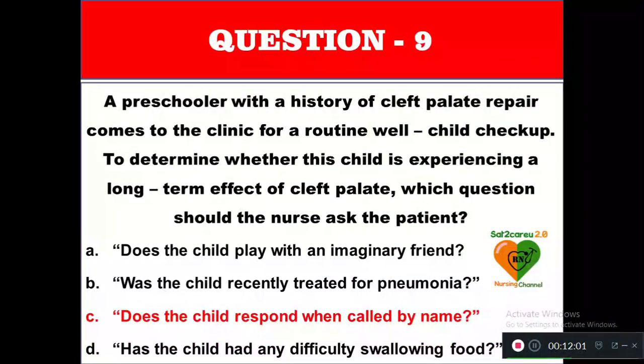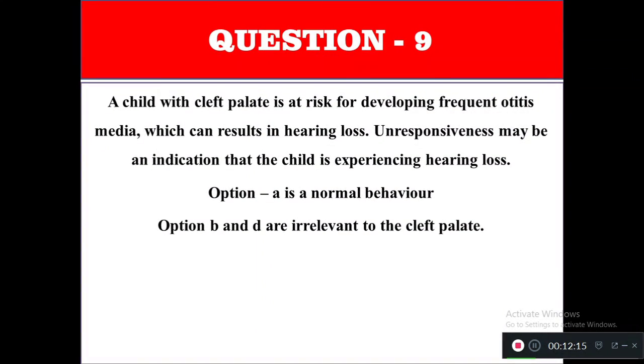The right answer: the question the nurse should ask is, does the child respond when called by his or her name? The rationale: a child with cleft palate is at risk for developing frequent otitis media, which can result in hearing loss.